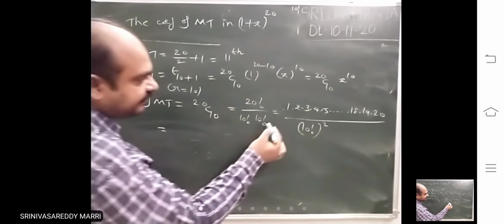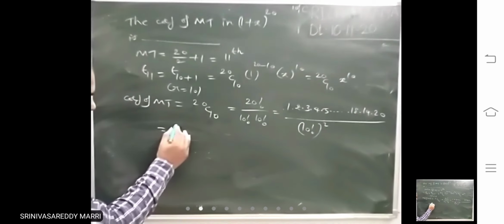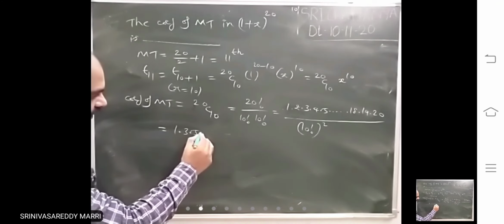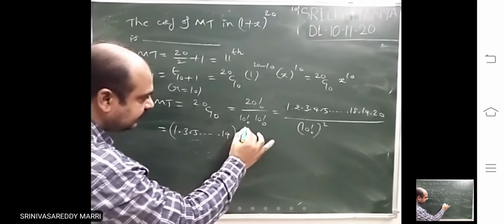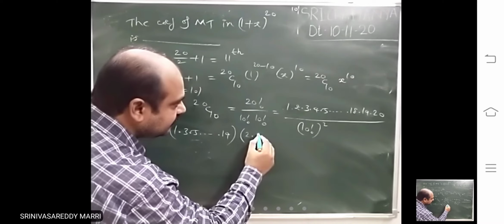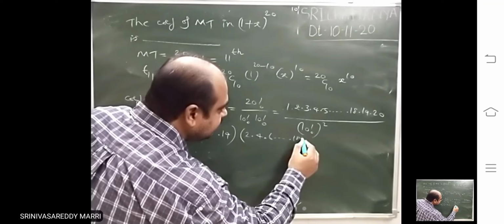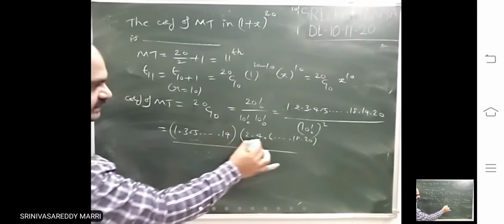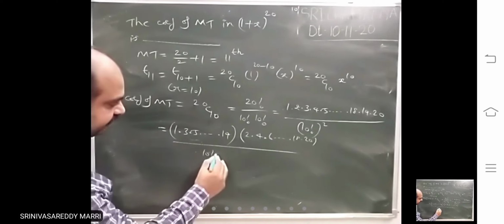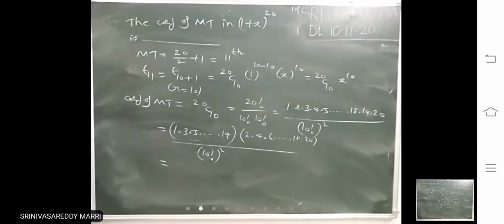Right? So now what I am doing is clubbing all the odd factors, 1 into 3 into 5 and so on, finally 19, and then clubbing all the even terms, 2 into 4 into 6 and so on, 18 into 20. These 10 will be there, divided by 10 factorial whole square, right? Now in this every even factor has 2 common, so 10 twos you will get common.